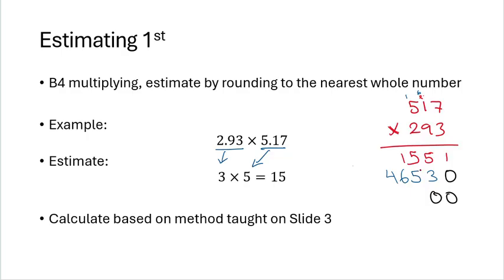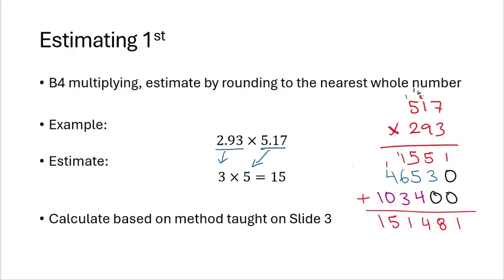Now 7 times 2 is 14. Carry the 1. 1 times 2 is 2, plus 1 is 3. And then finally 5 times 2 is 10. So that 14, carry 1. 2, 8, 11, carry 1.